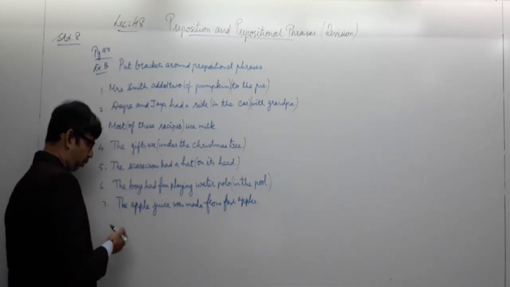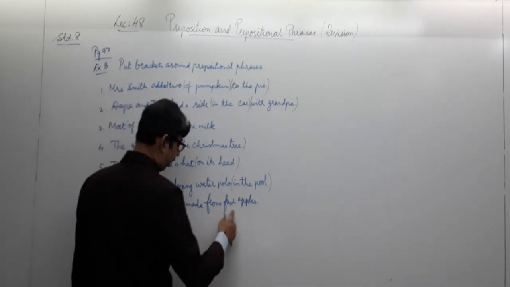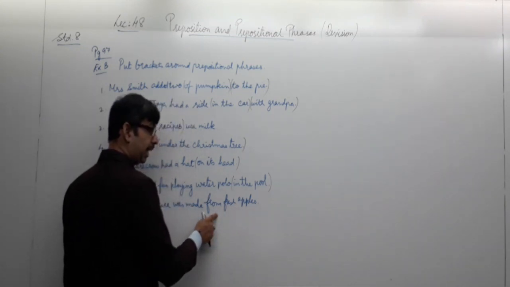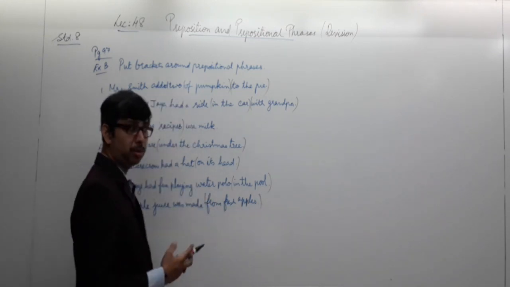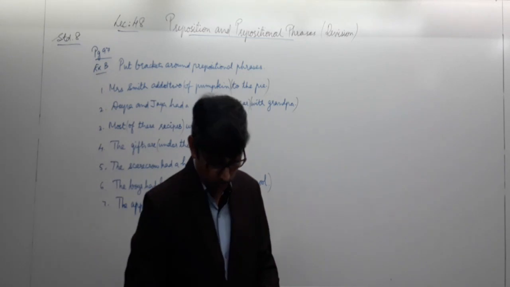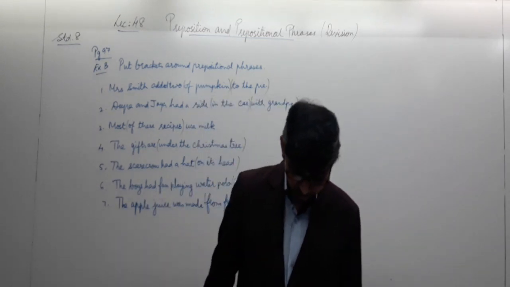Do we have one or do we have two? Let us see. The apple juice was made from fresh apples. The word from indicates the preposition. Therefore, the words from fresh apples will be the prepositional phrase. I hope prepositional phrase is now becoming very clear.